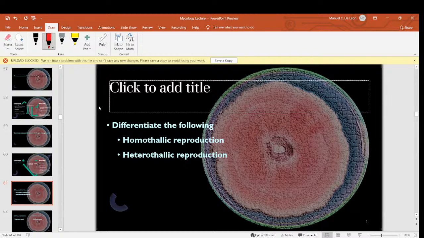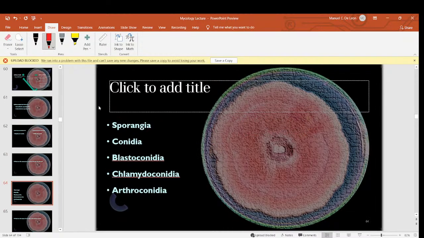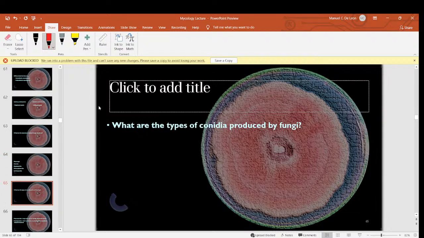All right, so why did I show you this? Because there was a question that I encountered when I was doing practice exams for ACP. The question was, describe the appearance of the chlamydospore. It's not asking me the location. It's not asking me what organism it is, because I know it was Aspergillus niger.